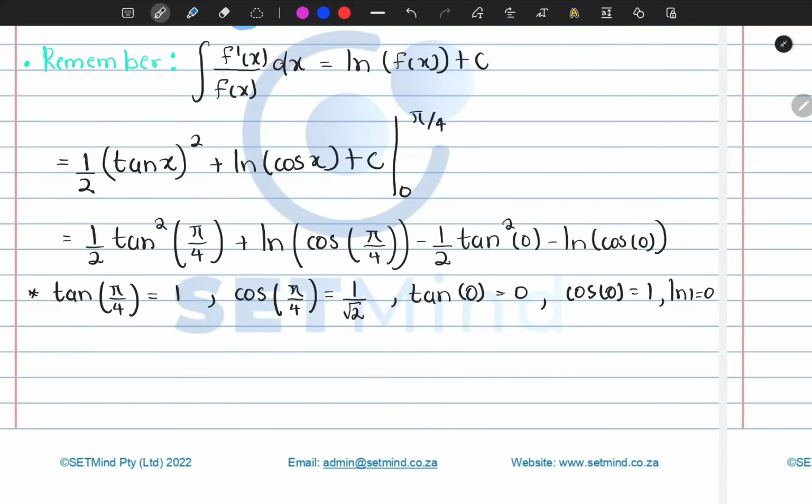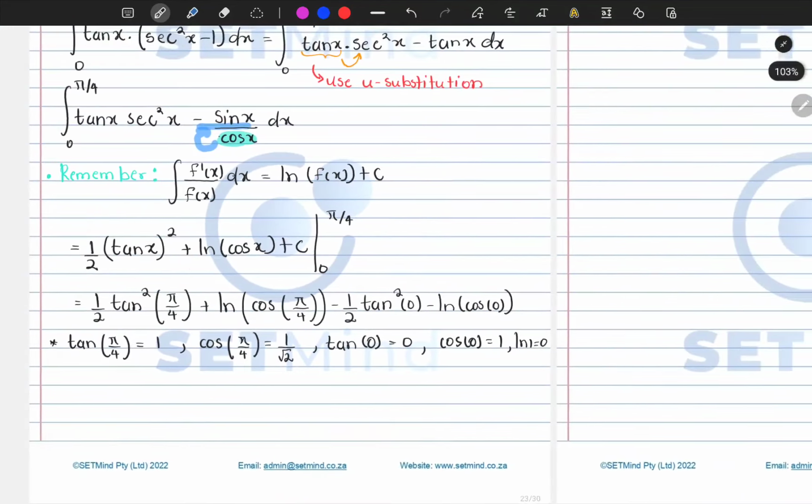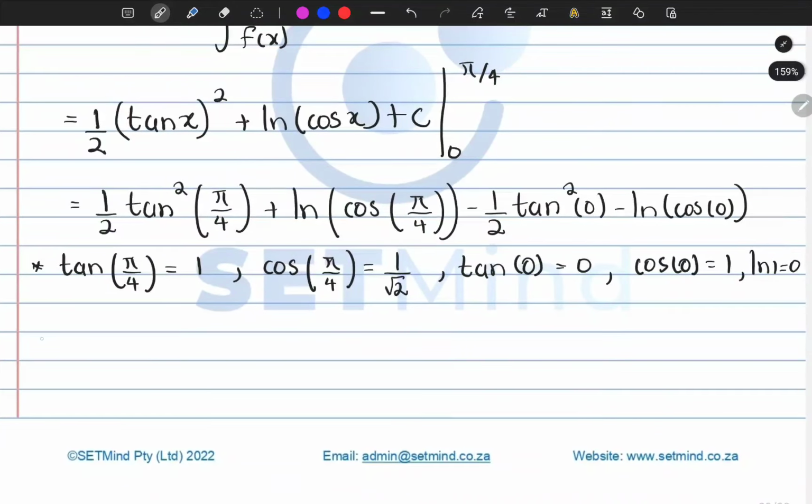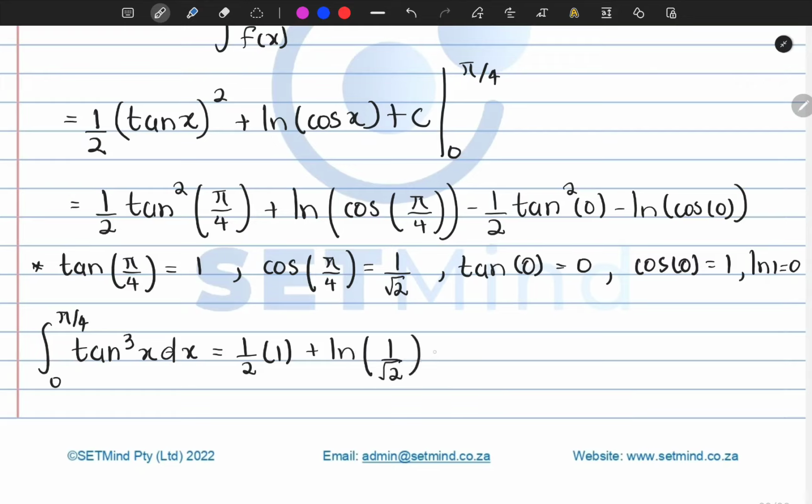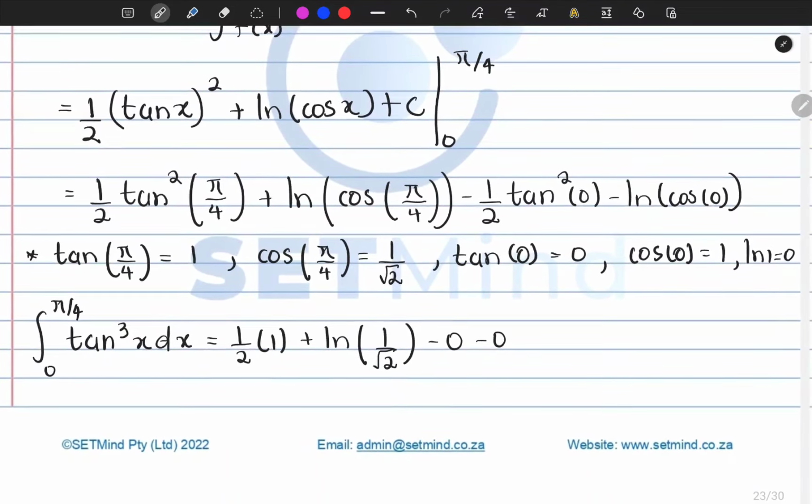So if we have a look at what is going to happen, our integral from 0 to pi over 4 of tan cubed x dx will be equal to 1 over 2 multiplied by 1, plus ln of 1 over square root of 2, minus 0, and ln of 1 will also be 0.